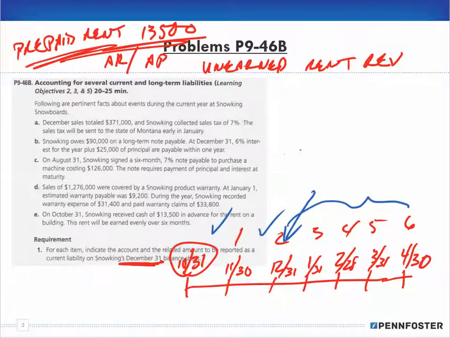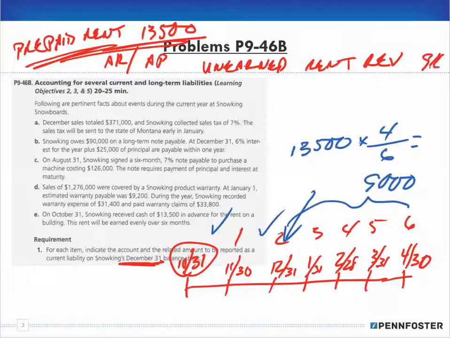So we have $13,500, and there's going to be 4 months left that we haven't earned out of the 6. So 13,500 times 4, divided by 6 gives us $9,000. And so the current liability portion of our liability section is going to show unearned rent revenue for $9,000.